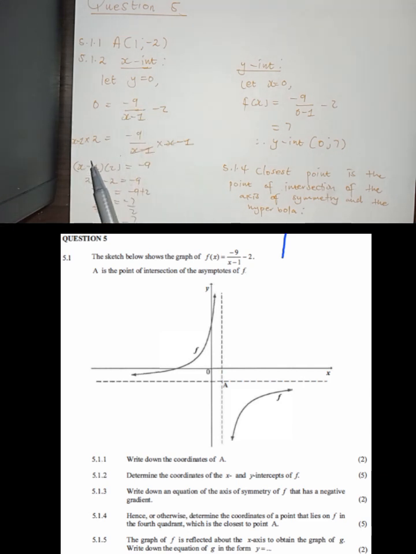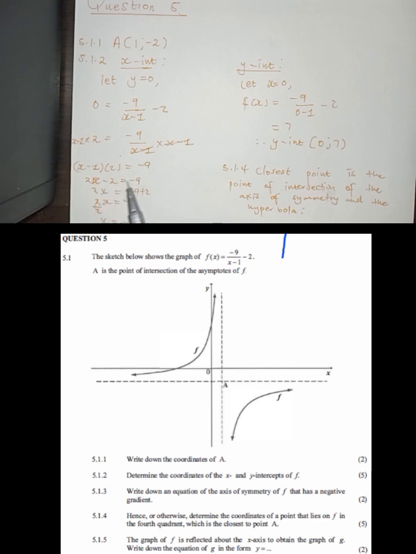You take 2 to the other side, it becomes +2. You multiply both sides by x minus 1. Here x minus 1 will cancel x minus 1, then on this side x minus 1 will be multiplied by 2, which becomes (x minus 1) times 2 is equal to -9.